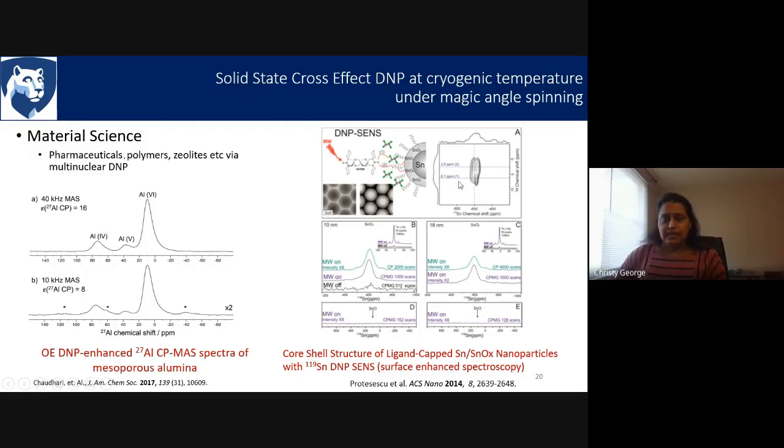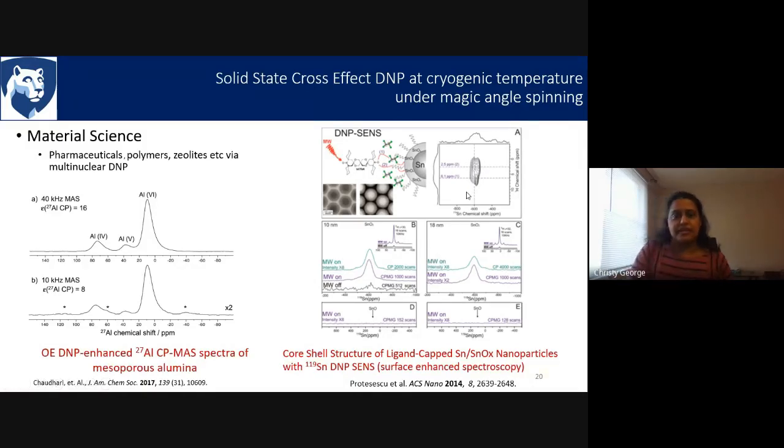They proved this further by doing 2D NMR, by doing the correlation between the SnO2 on the surface and the protons of the surface capping agents, the stabilizing agents used on the nanoparticle. So they were able to show that clearly.